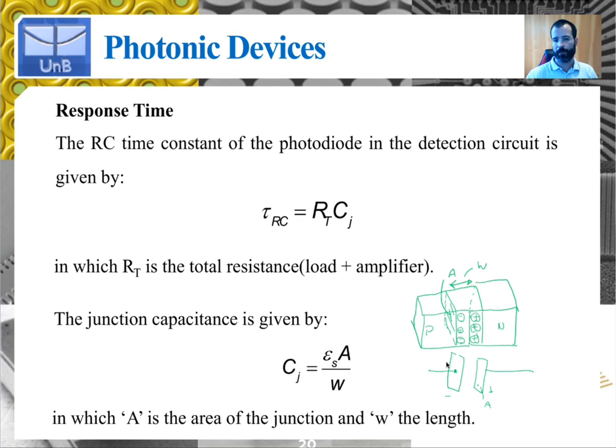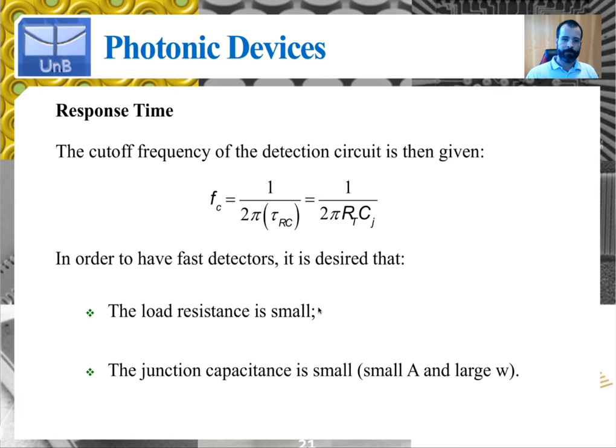And note that in order to get a small junction capacitance, what we want is a small cross-sectional area and a large length of the depletion region, a large W. So the cutoff frequency of the detection circuit is going to be given by this equation right here: 1 over 2 pi times tau RC, which is equal to R total times the junction capacitance.